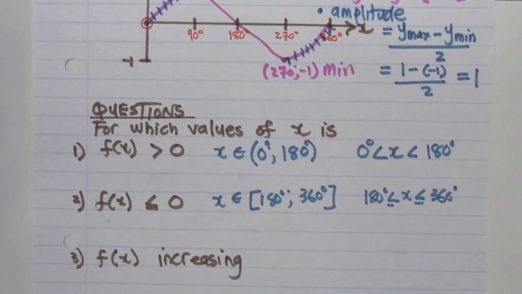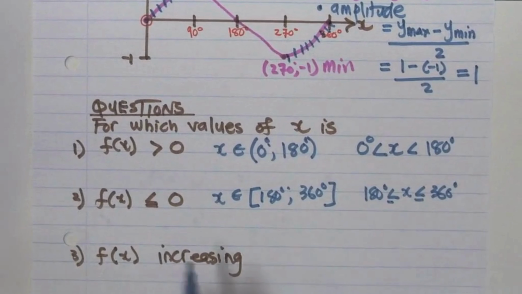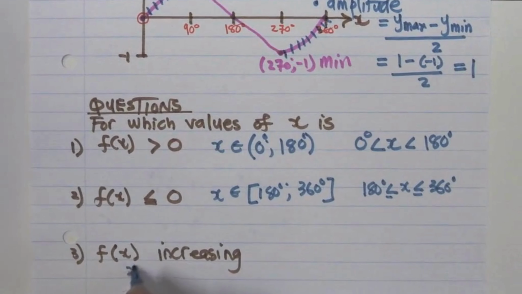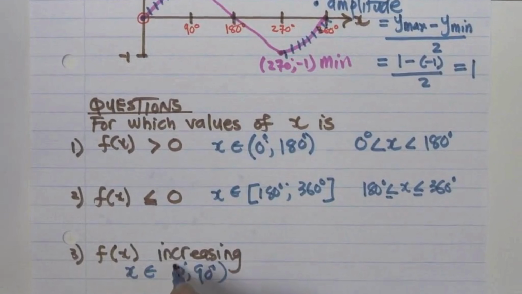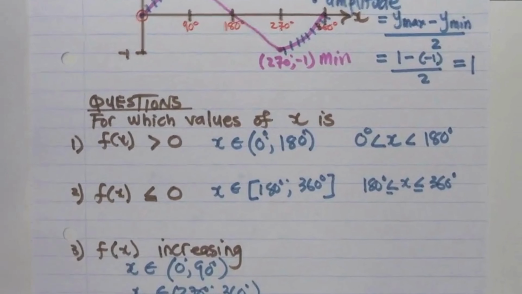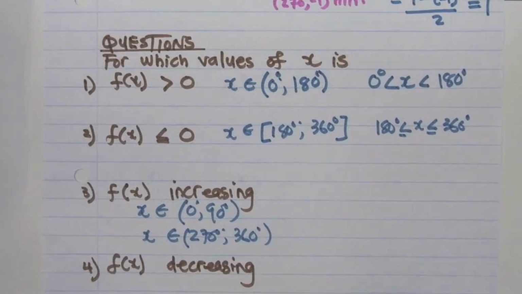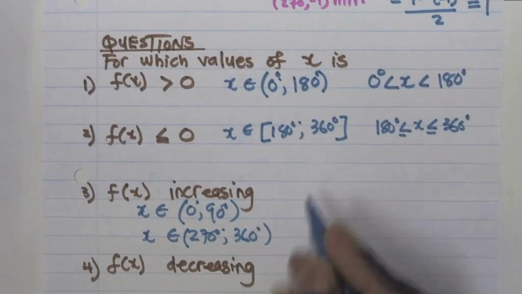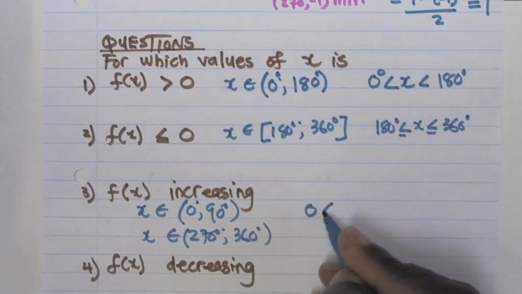I can go and write my answers. The first one, we said from 0 to 90 degrees. And then the second one, we said from 270 degrees to 360 degrees. And we can write these answers as inequality notation.